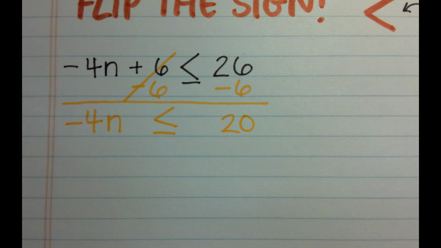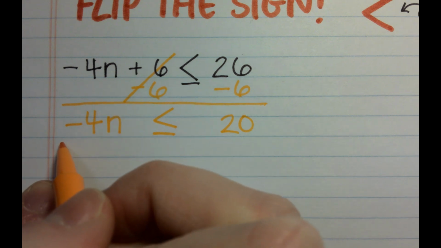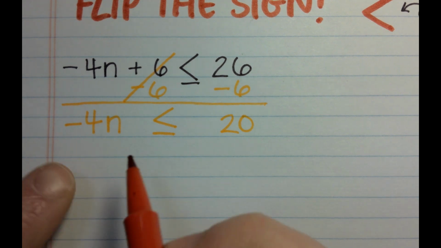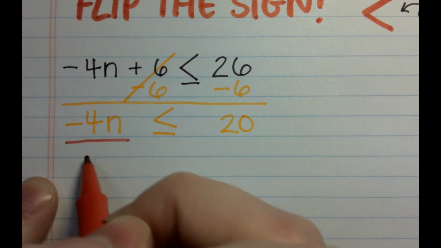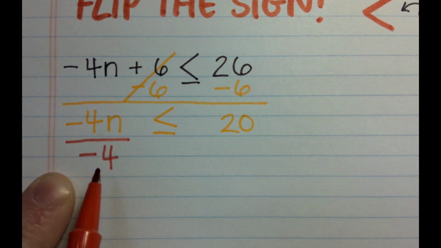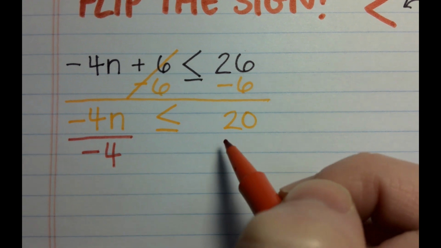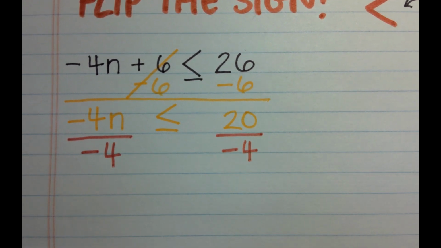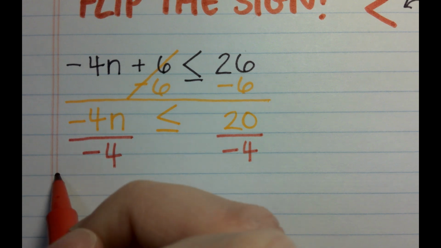What would I do next? Divide by -4 on both sides. Good. So I'm going to write this step in red to point out that this is where we're flipping the sign. Now we're dividing by a negative number. I'm dividing by -4 right now on both sides. We just divided by a negative.